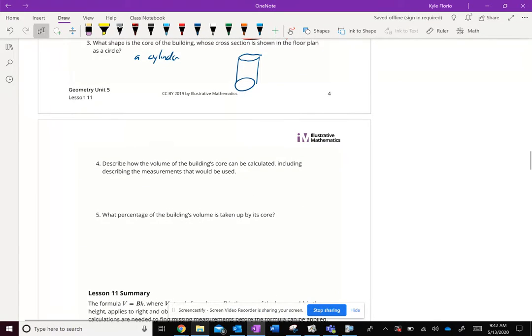How do you find the volume of the building's core? So this is the core, that circular cylinder area, or excuse me, volume, including describing the measurements that would be used. So we'd find the area of the base and multiply by the height. The base is a circle, and the radius is what?